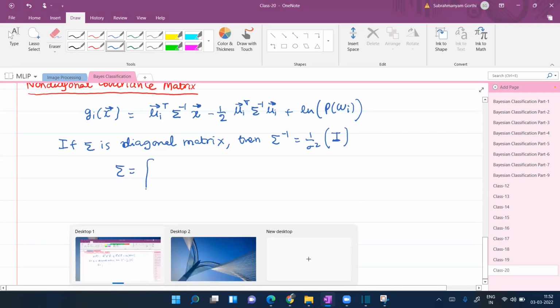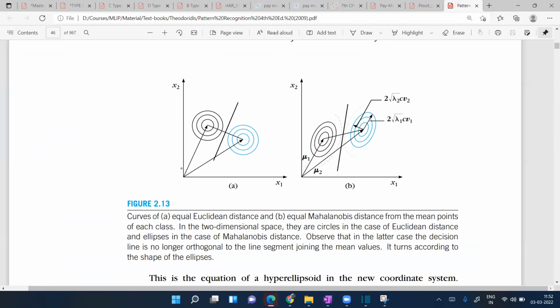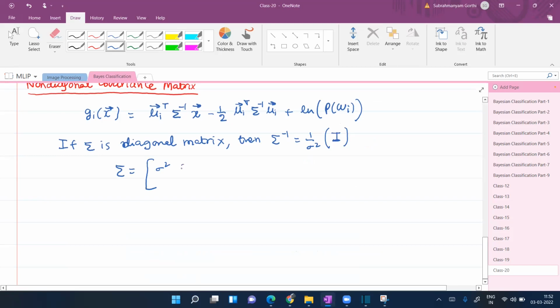Let me write it in simpler terms: sigma square, 0, 0, sigma square. That implies my inverse matrix equals 1 by AD minus BC, which is sigma 4, into D, minus B, minus C, A: sigma square, 0, 0, sigma square. This is equivalent to taking sigma square out, which gives me 1 by sigma square into I. Hope at least now you are convinced. You substitute that, you will get the earlier equation.